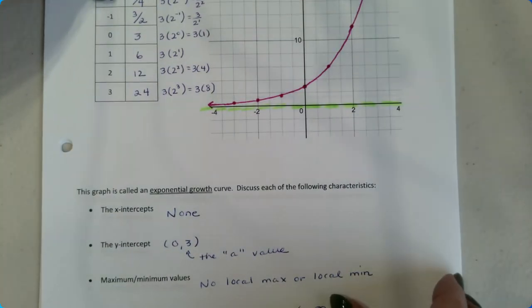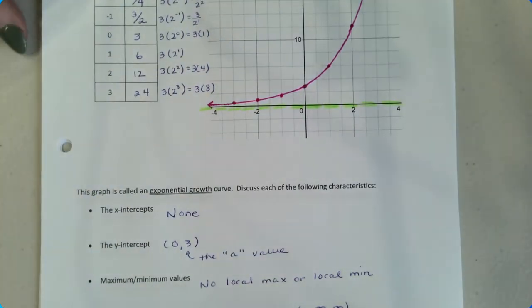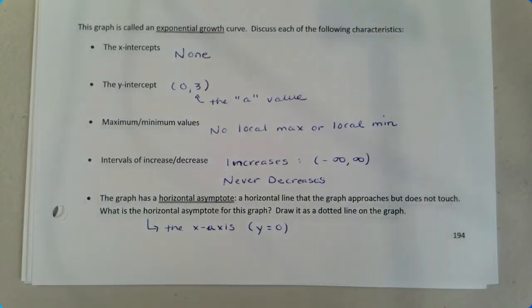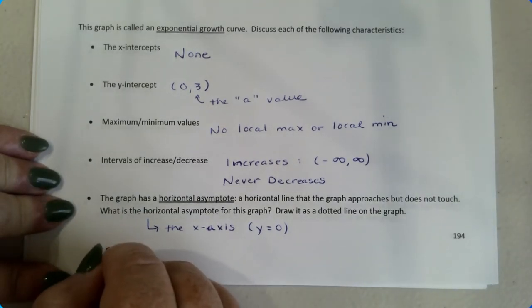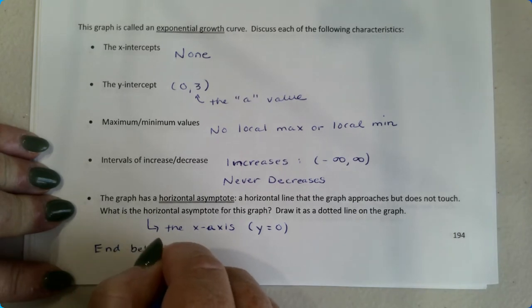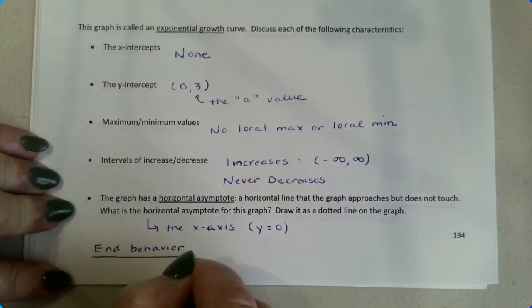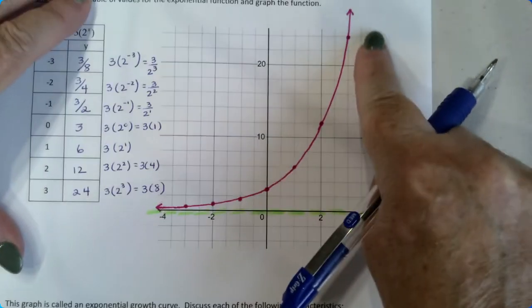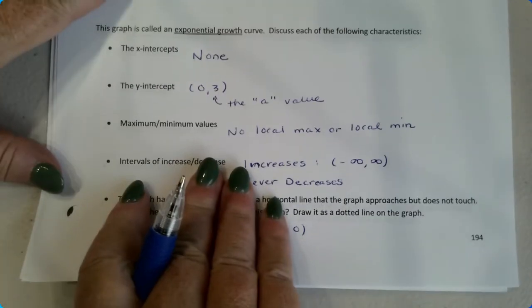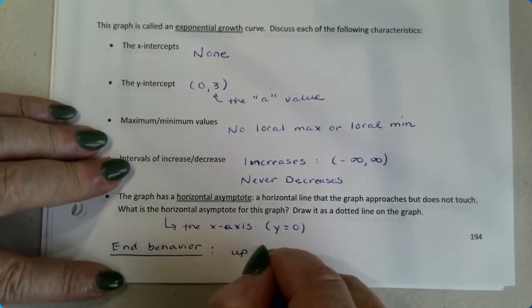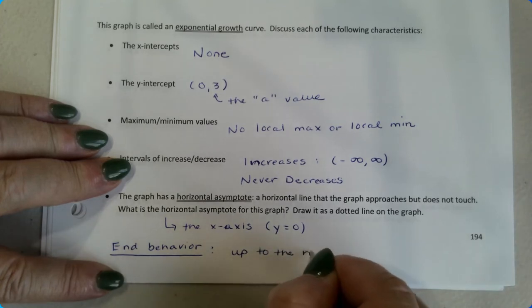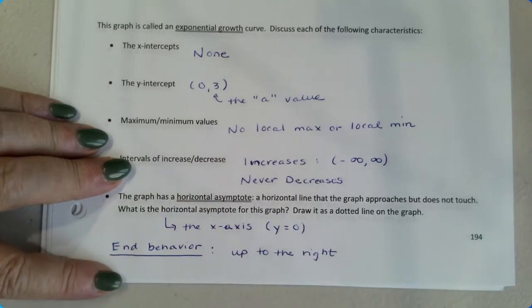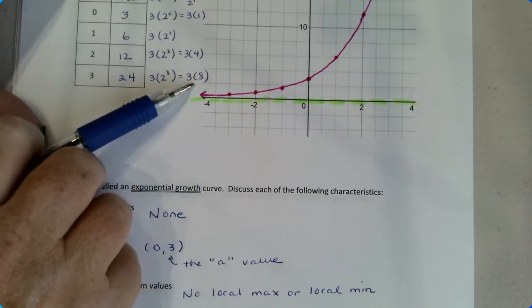That, by the way, leads us into a discussion of end behavior, which I want to do right down here. It's not on here, but I want to add it. If I wanted to discuss the end behavior of this graph, it's clearly going up to the right. That's familiar, and we can put that in right away. But the left side is the side with the horizontal asymptote.